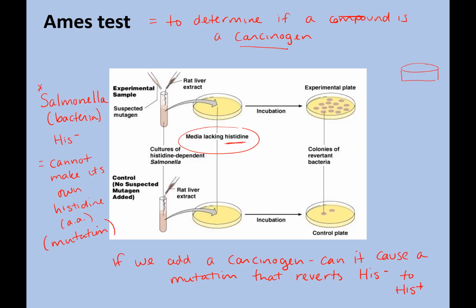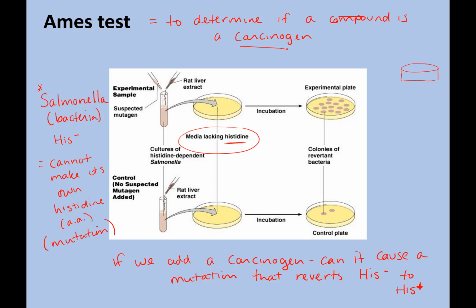Okay, this is a plus. So basically what we're saying is you have bacteria with a mutation. If you add a chemical that causes a mutation, carcinogen, can it revert it back? And so now the mutation is basically gone or compensated for. And that's the purpose of the Ames test.